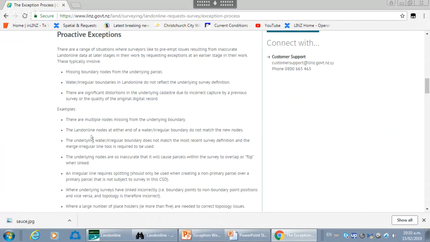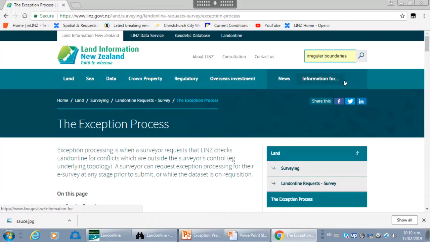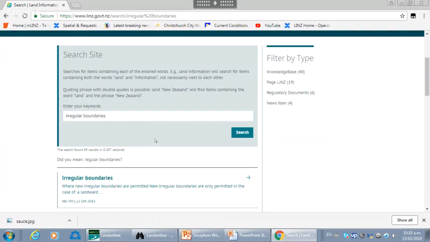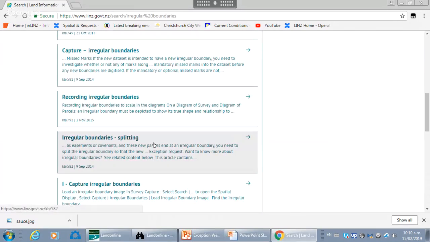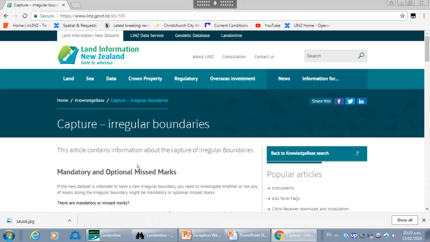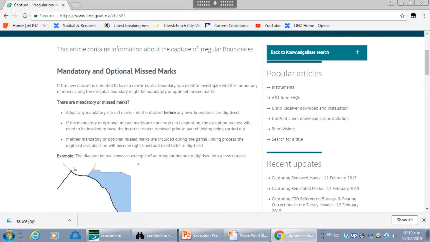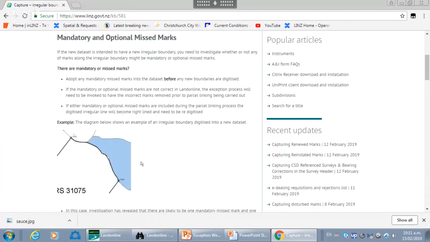I'll let you read that at your own leisure. More specifically for irregular boundaries, if you just type irregular boundaries in the search field, the results come up underneath. I want to highlight this particular one here, capture irregular boundaries, with reference to the mandatory and optional missed marks. So this is a good point of reference to come to if you find there are mandatory marks or missed marks on the external boundary, water boundary survey that are causing issues.